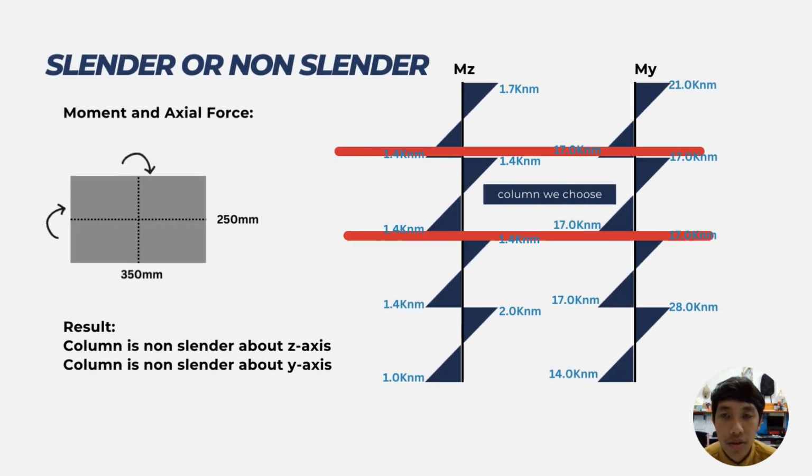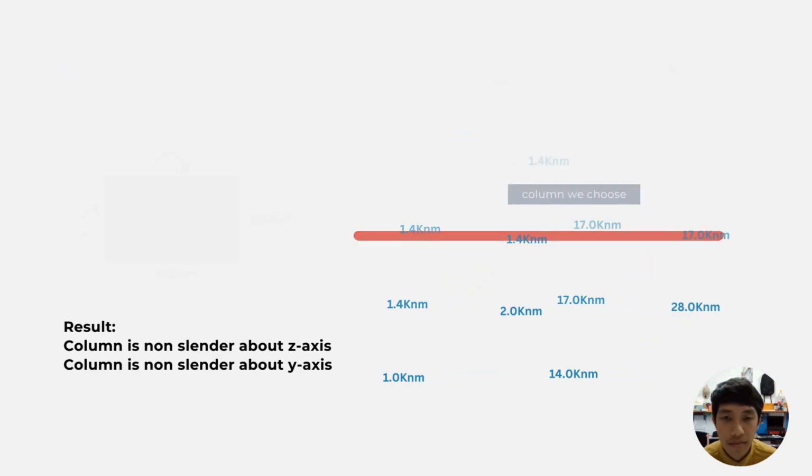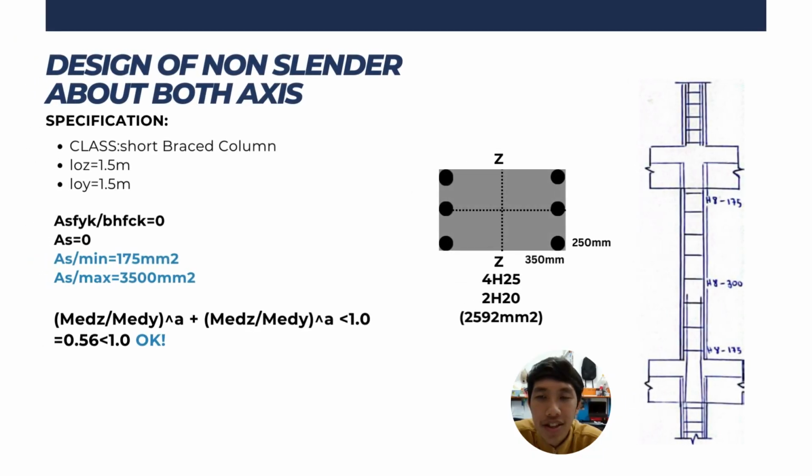So this is where we choose slender or non-slender for our column. The result is the Z and Y axis both are non-slender column. Design of non-slender about both axes. The specification is class short braced column. For both, we get LOZ and LOY equal to 1.5 meter.